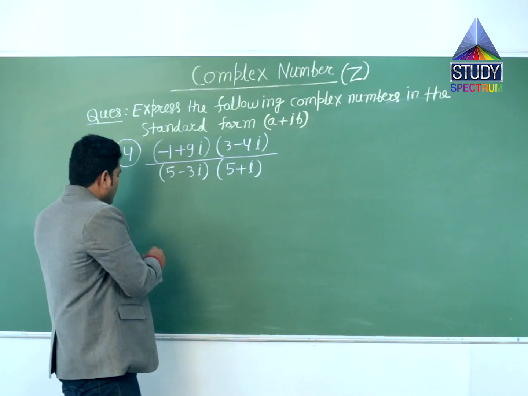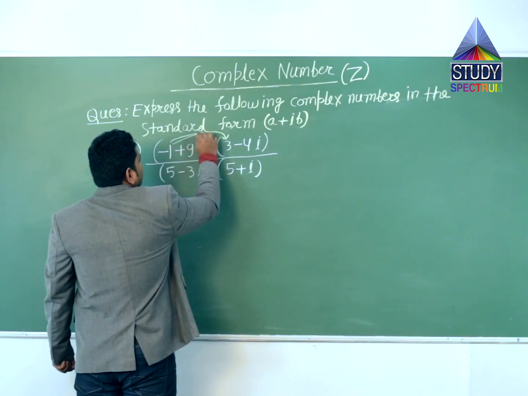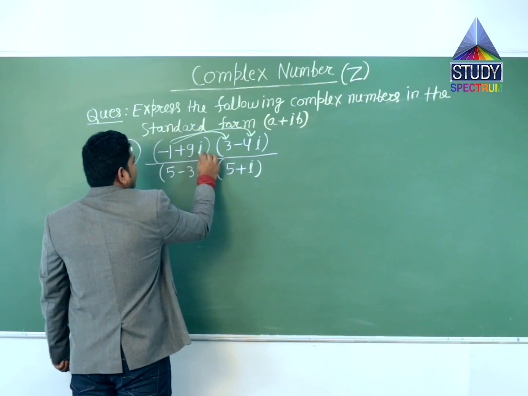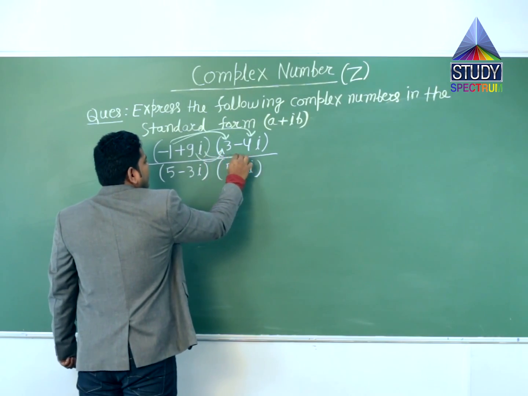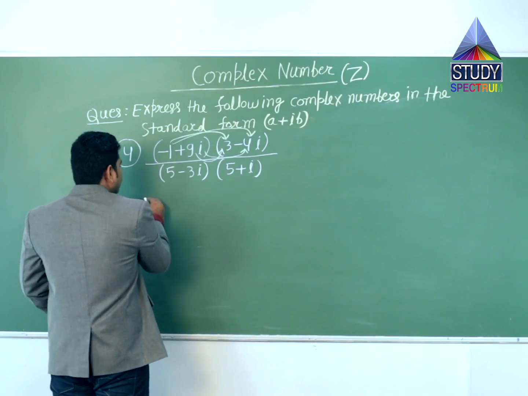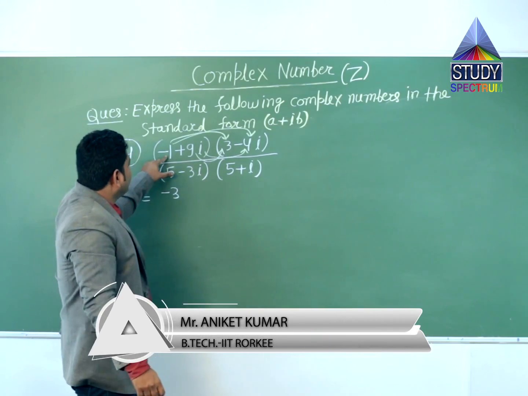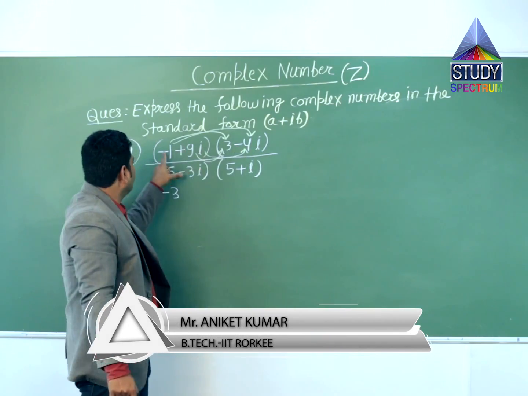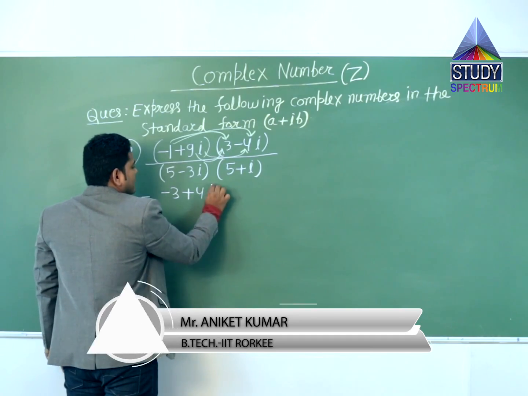Now we will multiply minus 1 into 3 and minus 1 into minus 4i. In the same way, 9i will get multiplied with 3, and 9i will get multiplied with minus 4i. So we will write here minus 1 into 3 is minus 3, minus 1 into minus 4i. Minus into minus is plus, and 1 into 4 is 4, and i is there.